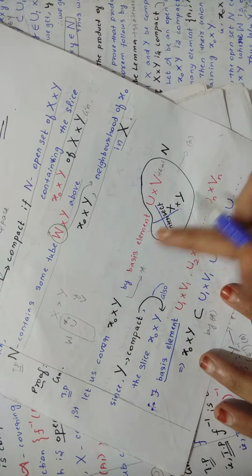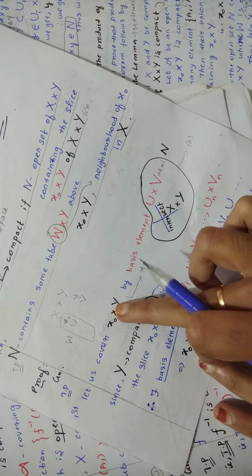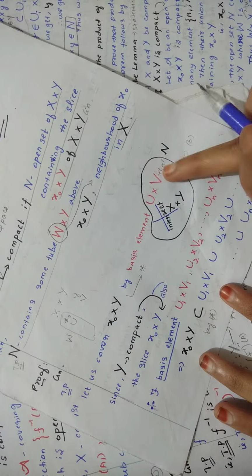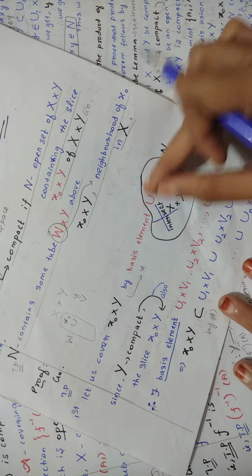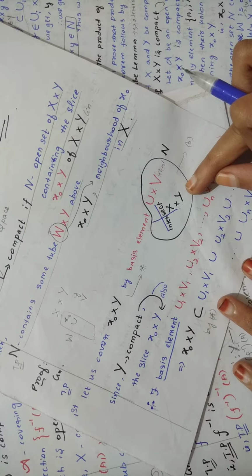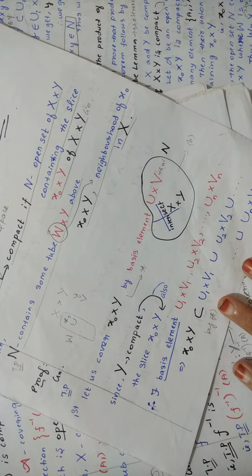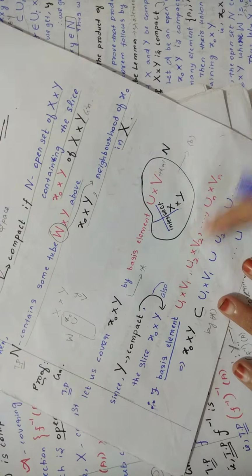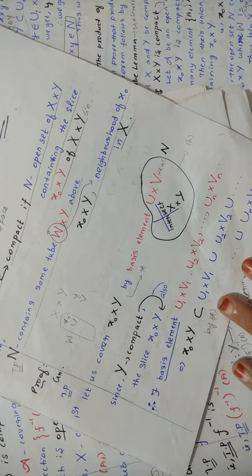I will tell you why. You have this in the third line of the proof. You cover this slice by this basis element U cross V, and you say this U cross V intersects our product space, and then you write that this basis element is contained in N. That sentence you write.